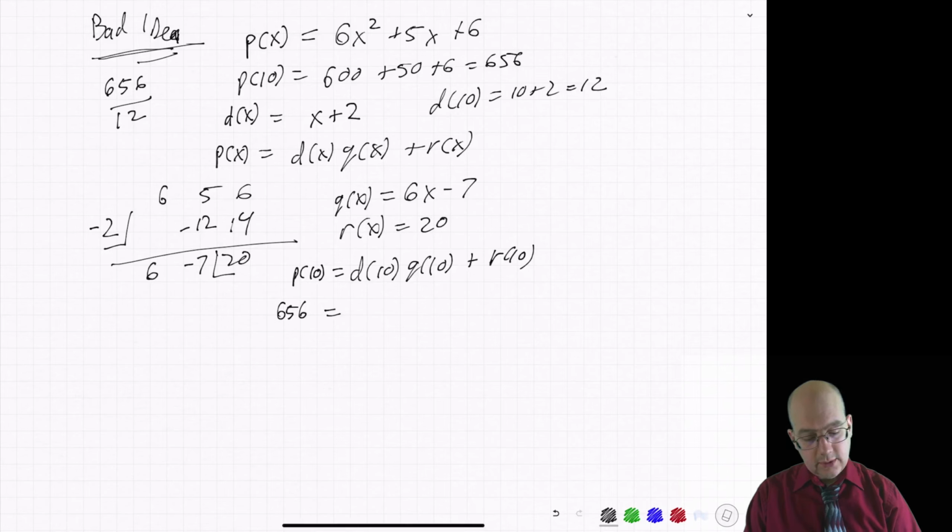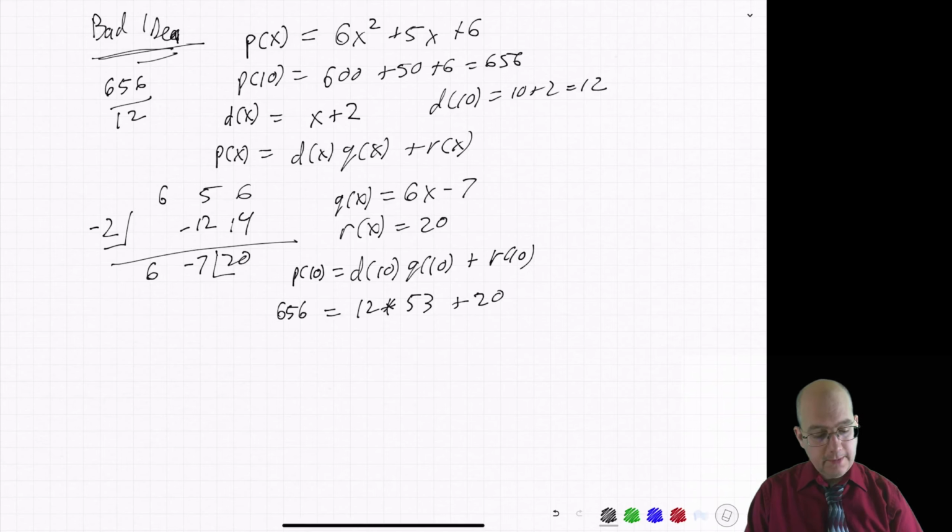d of 10 is equal to 12, and then times q of 10, 60 minus 7 is 53, and then the remainder at 10 is 20. So the fact that 20 is greater than 12 is a slight problem.